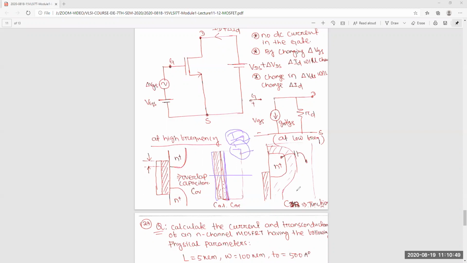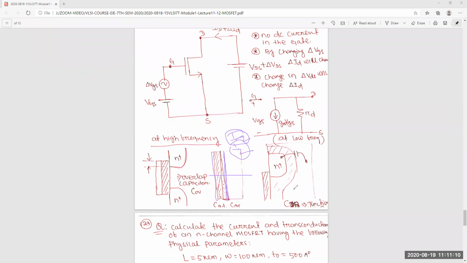And here it is completely drain to bulk. On the source side, source to bulk capacitance is also there, but source and bulk are always shorted, so generally there is no capacitance on that side.